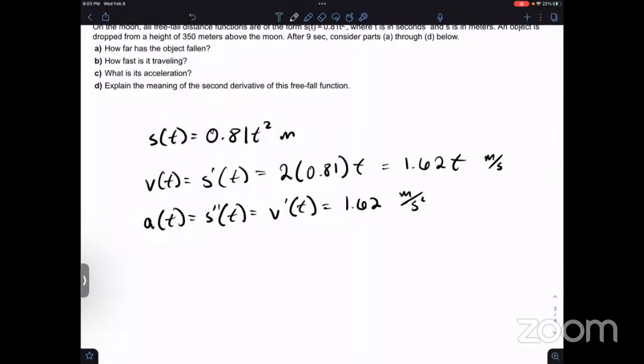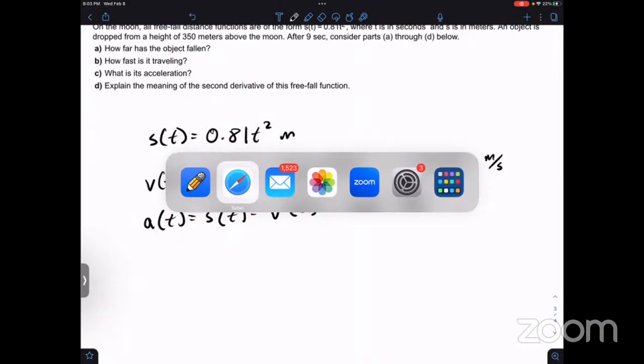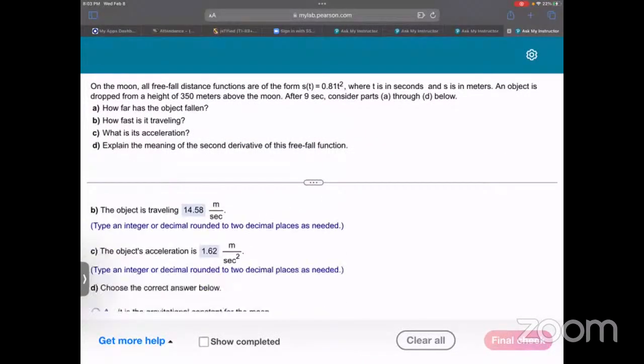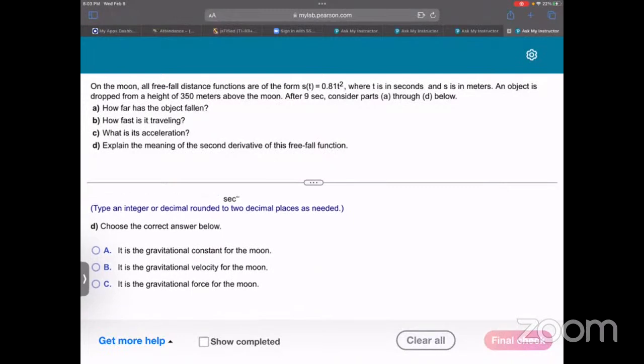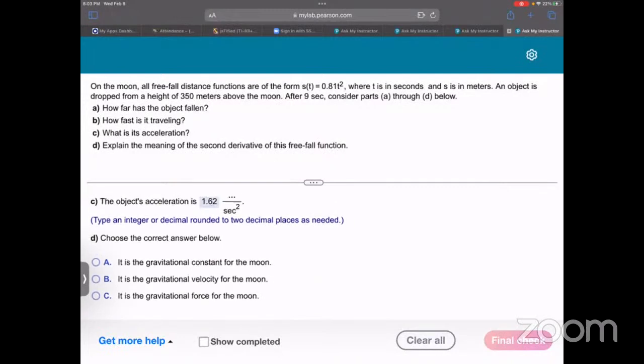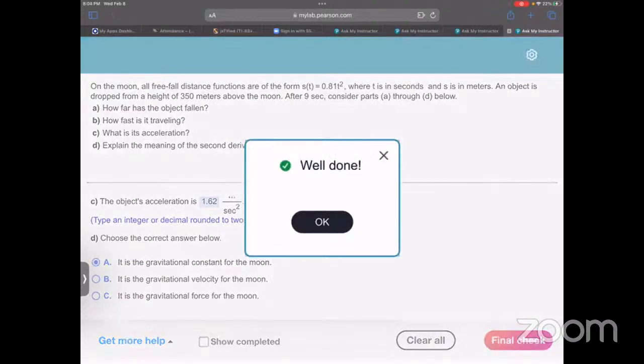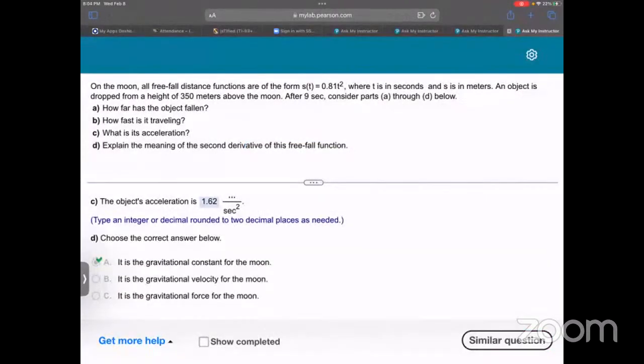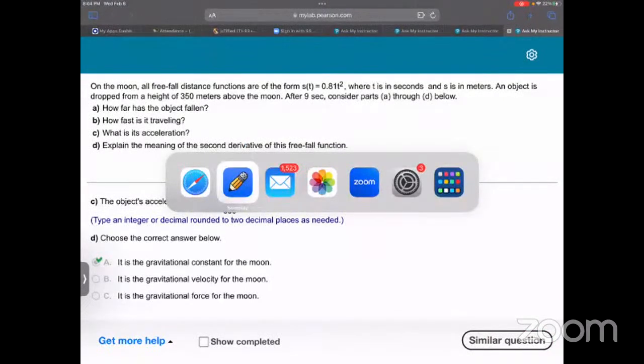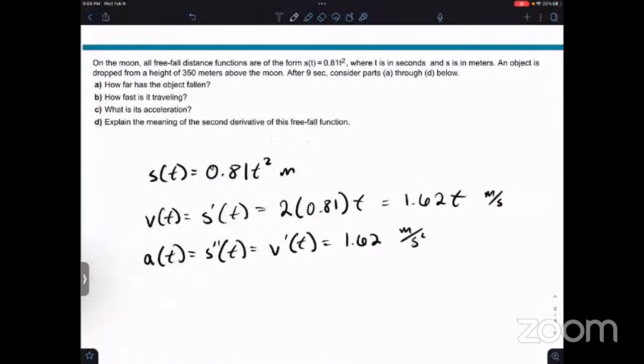Okay. So this should be the acceleration due to the moon. It's the gravitational constant for the moon. It's the gravitational velocity. It's the gravitational force. We're going to go with A. And you said it's the gravitational. Yeah.